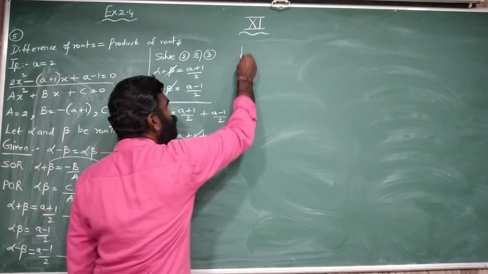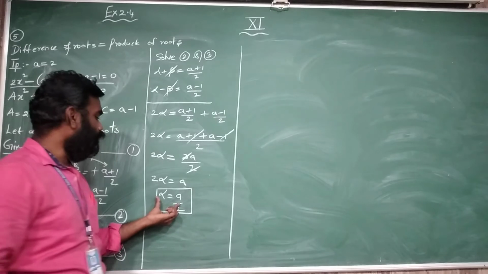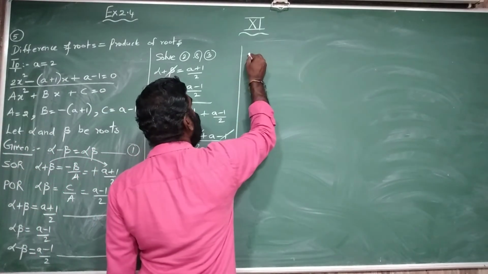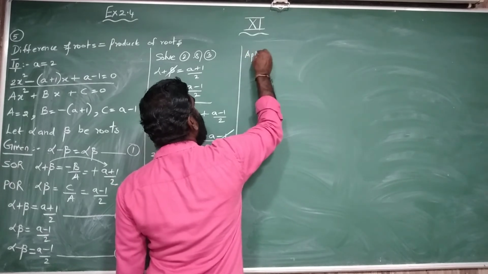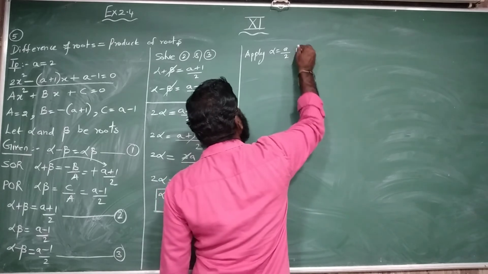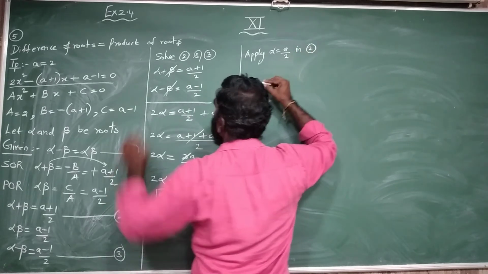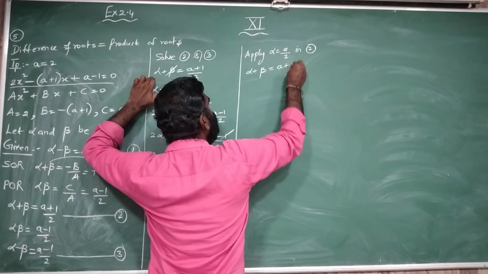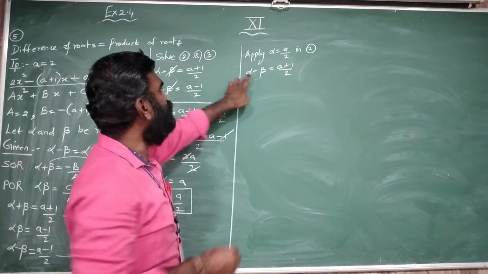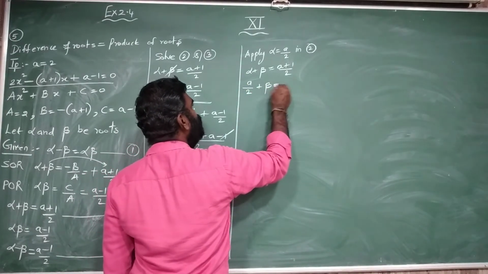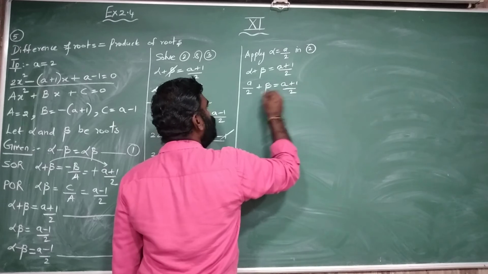Next, in order to get the beta value, I am going to apply alpha equal to a by 2 in equation 2. What is equation 2? Alpha plus beta is equal to (a + 1) by 2. What is the alpha value? a by 2. So a by 2 plus beta is equal to (a + 1) by 2.